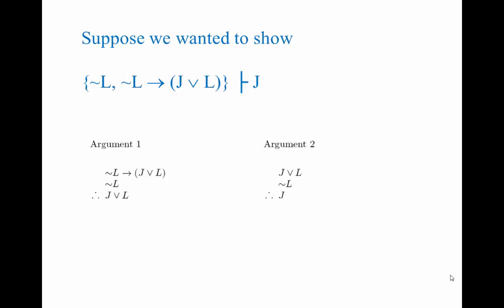The second argument takes its first premise from the conclusion of the first argument and adds a new premise, not L, which actually we already knew, to get you the final conclusion, J. This, again, is a substitution instance of an argument scheme we've seen before, in this case, disjunction elimination. So we can string these two arguments together to get a proof that the larger argument above is also valid.